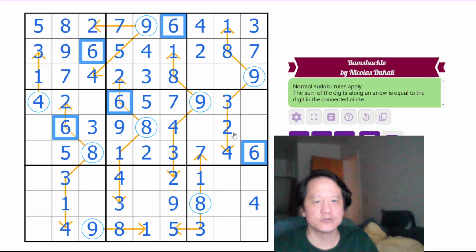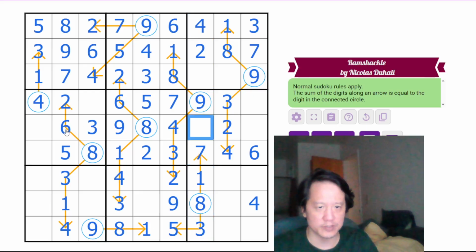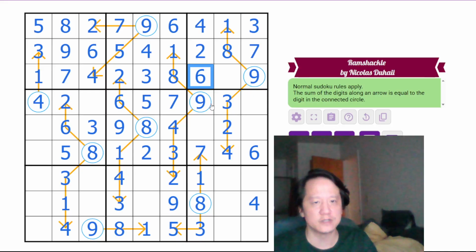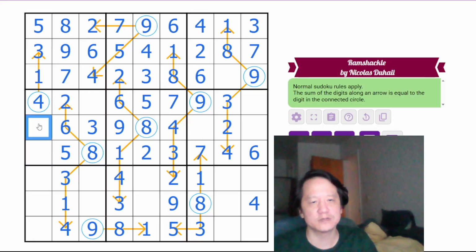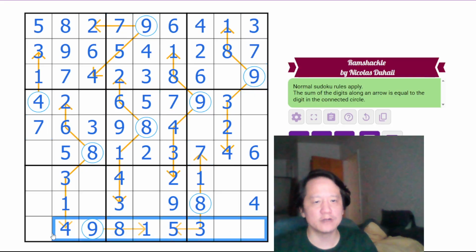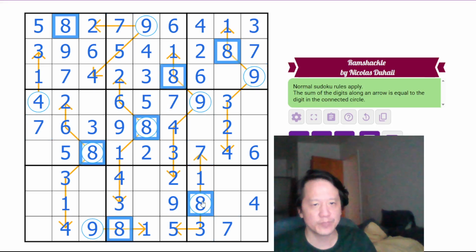It's not that restrictive though in these. 6 in column 7 cannot be here because of 6 in the row, so 6 is there. 7s. 7 can't be here and here in this left central box, so 7 has to be there. Whereas 7 in row 9 can't be here because of 7 in the column, can't be here because of 7 in the column, so 7's there.